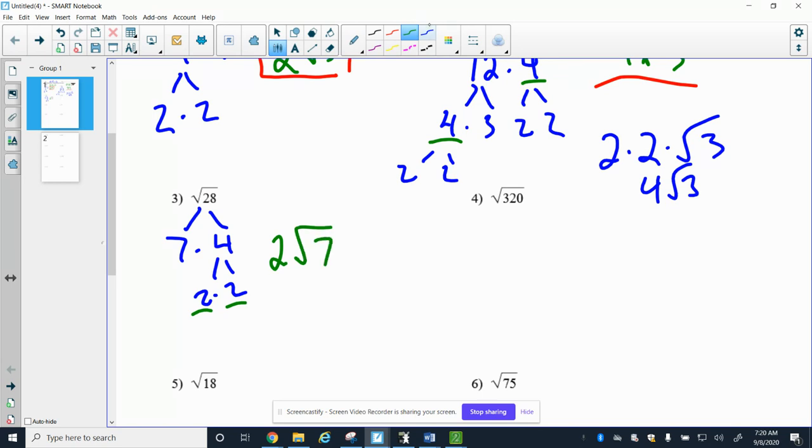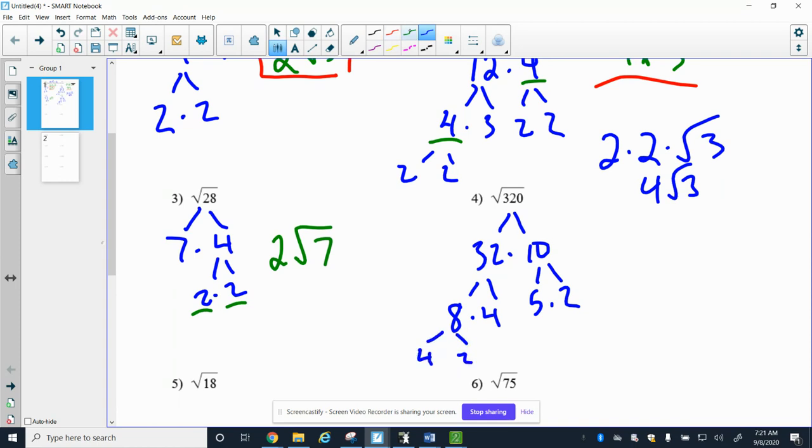Try some harder ones. Square root of 320. If there's a 0 at the end, we know that's the same thing as multiplying by 10 without the 0 on there. So 32 and 10. Keep going. Maybe we go 8 and 4, and maybe we go 5 and 2. We keep going. 8, 4, and 2.